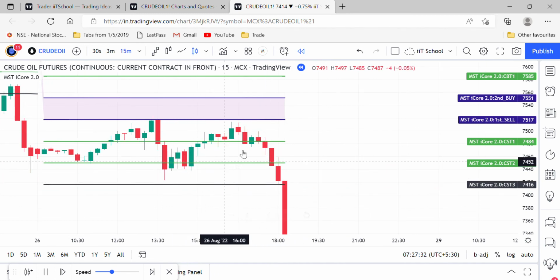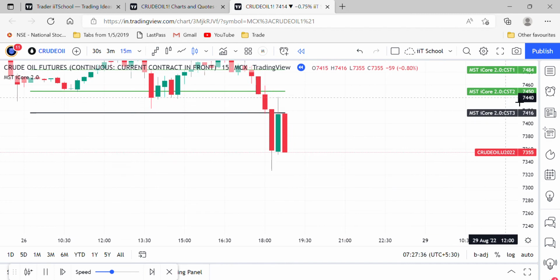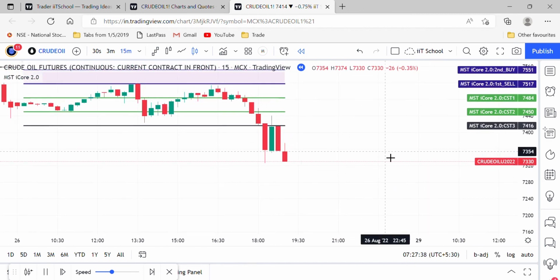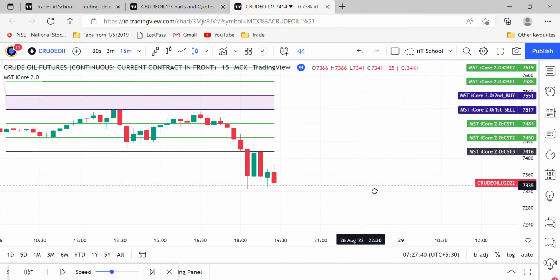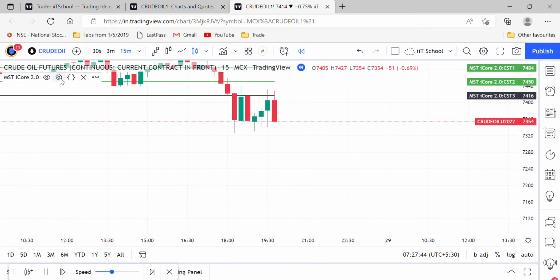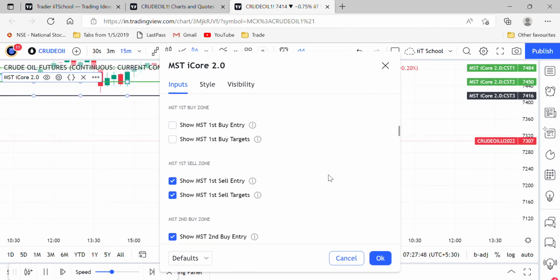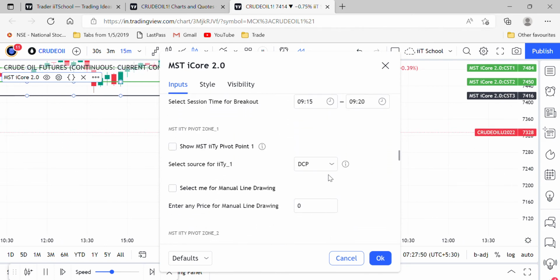So now all the 3 targets have been achieved, yet the market is falling down. To know the extra targets, you can come down here and select the extra targets I have given.